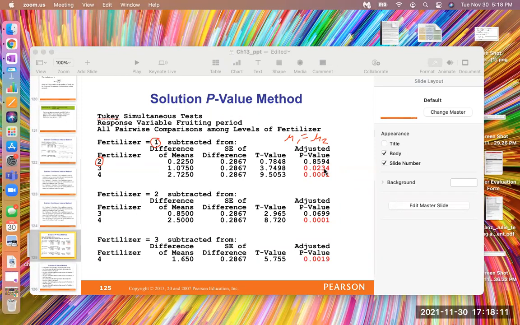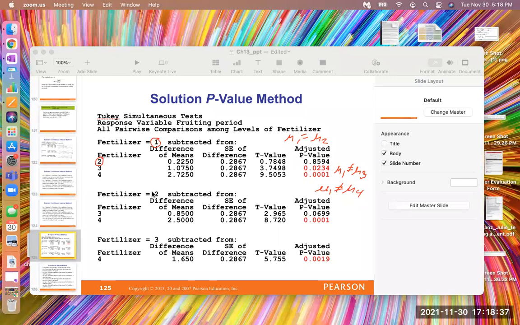It's less than 0.05. So we conclude that the mean of 1 is not equal to the mean of 3. And then the same thing for 1 versus 4, the p-value is low, so we reject the null hypothesis that the means are equal, so we say that the means are not equal.